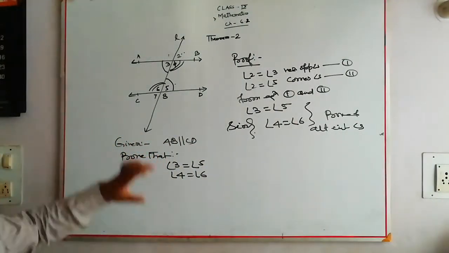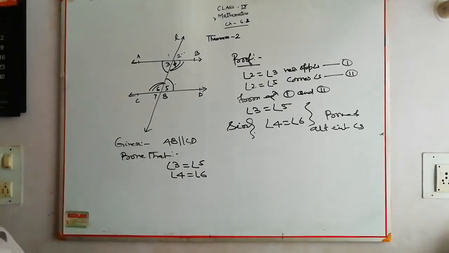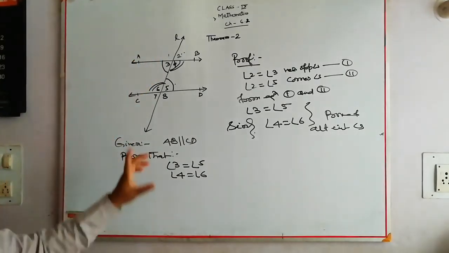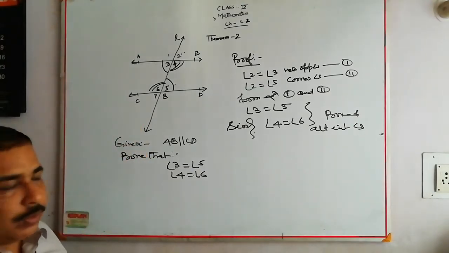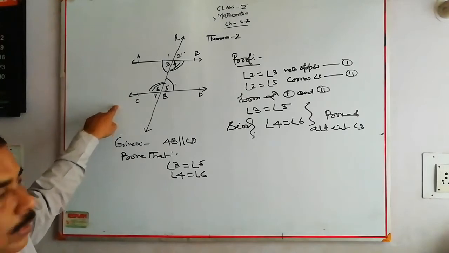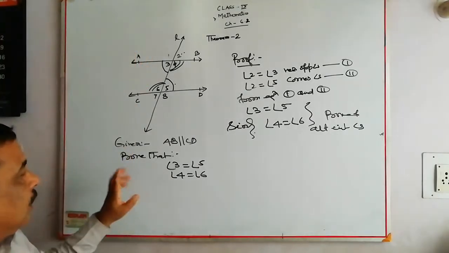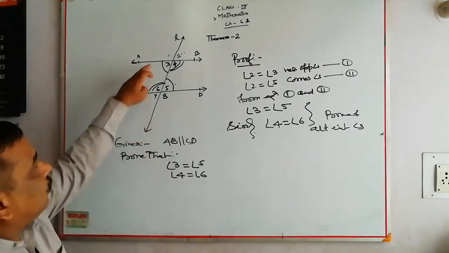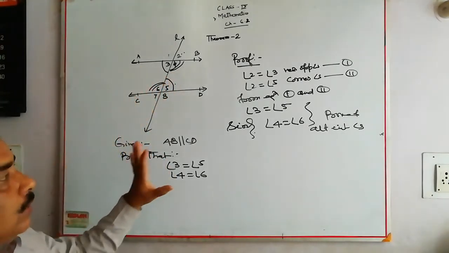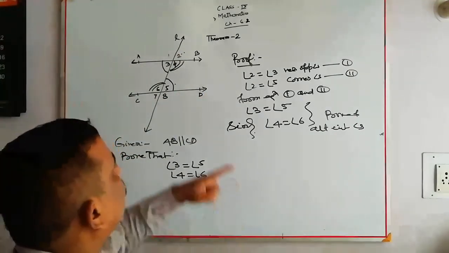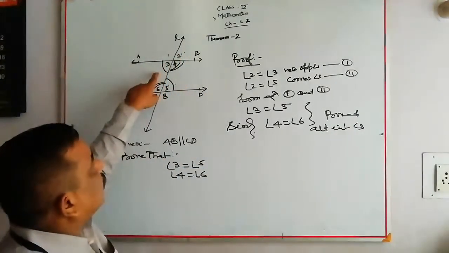Question again. Two lines AB and CD are parallel lines given and L is the transversal line. Then you prove that the alternate interior angles are equal. Firstly you write given: AB and CD are parallel lines and L is the transversal line. Then write prove that angle 3 is equal to angle 5, angle 4 is equal to angle 6. Now proof. You know that two lines intersect at a point, therefore vertically opposite angles are equal.